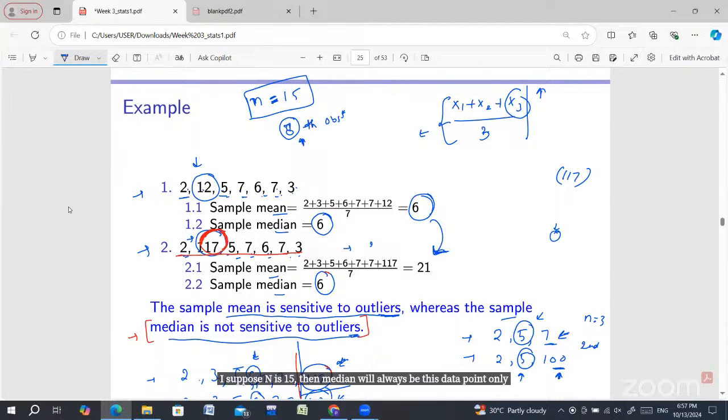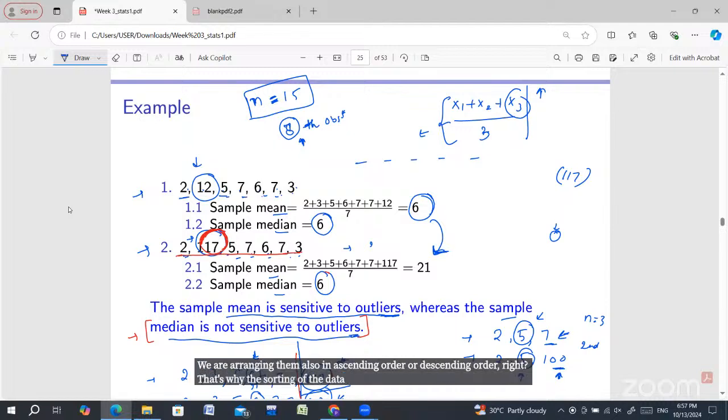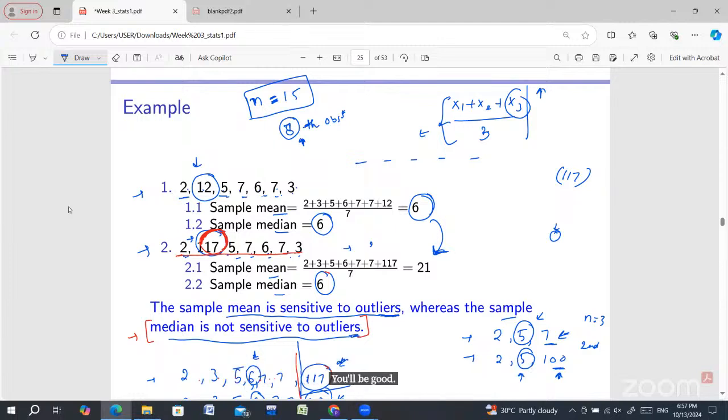It does not depend on whether the eighth value is very high or low, because we always arrange the data set in ascending or descending order. That's why the sorting of the data set is also very important here. The number of observations remains the same unless we are removing an observation.